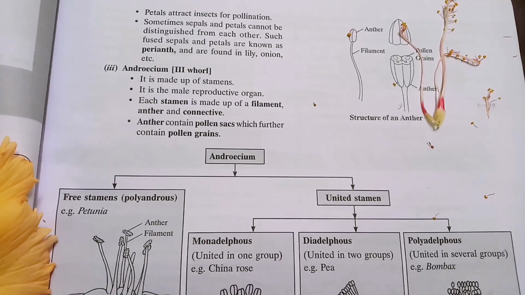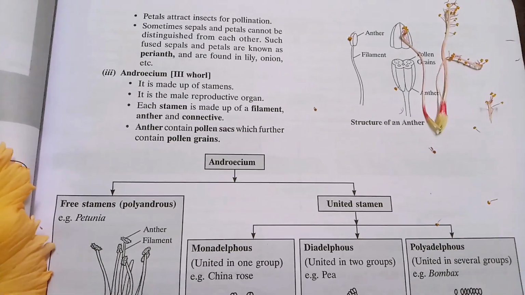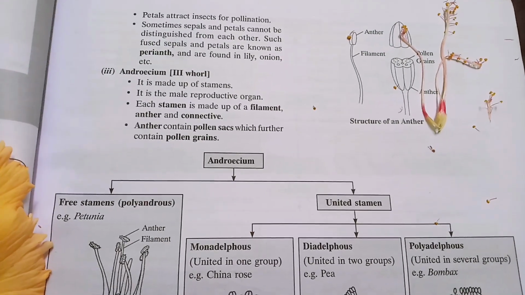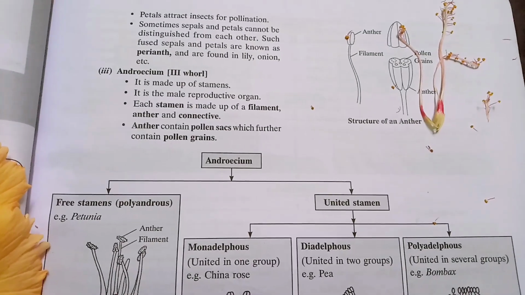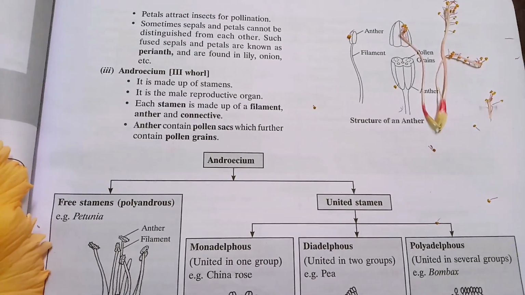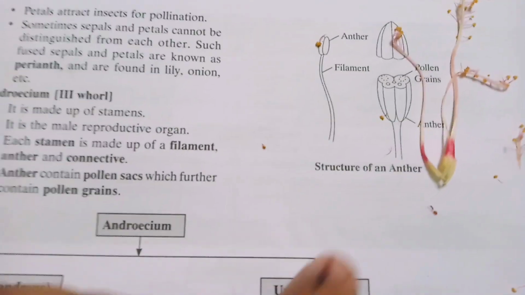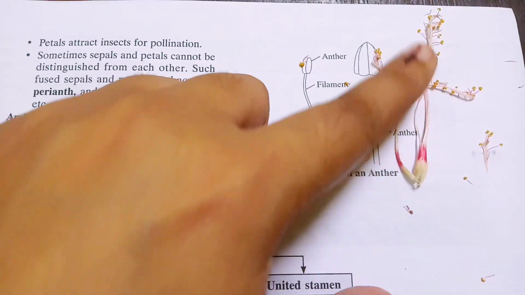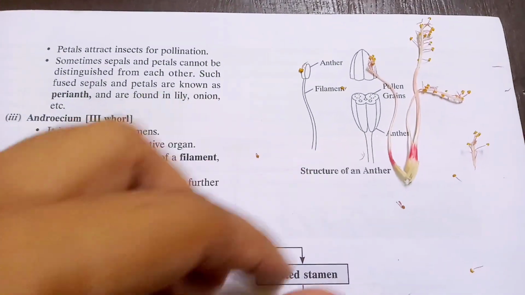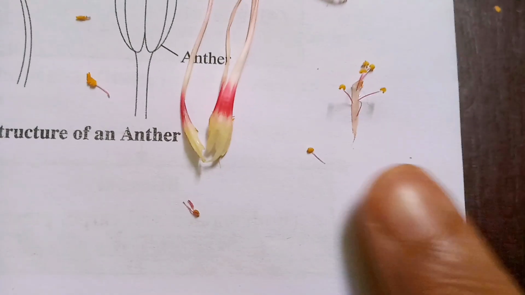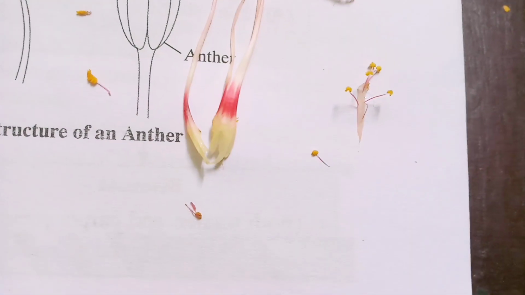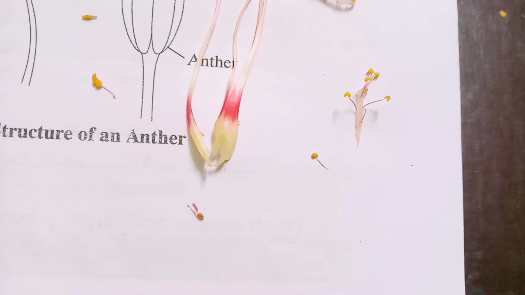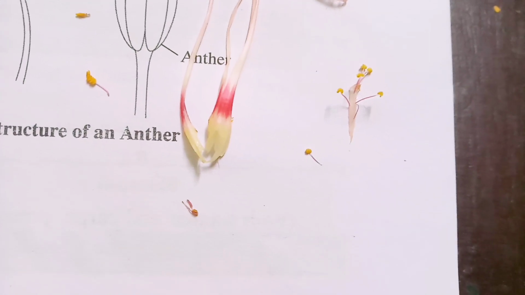The next whorl is androecium. Androecium is made up of stamens, and each stamen is made up of filament, anther and connective. Now let us study. This is the connective. Okay. This particular yellow portion is the anther lobe, and this slender pipe-like structure is the filament.